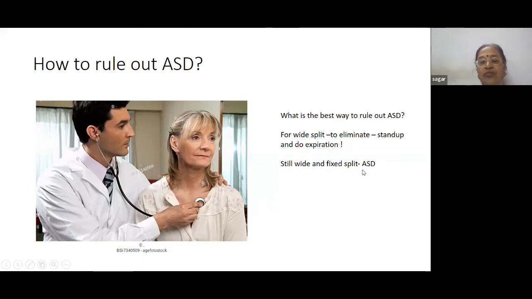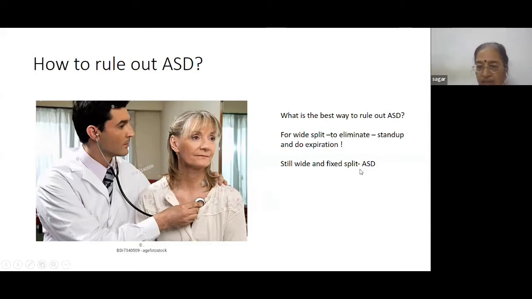Okay. So if you have a doubt about any patient whom you think has an ASD, because remember, you will get no other murmur in an ASD, ask the patient to stand up and hold the breath in expiration. If after doing this there is still a wide split and still a fixed split, now that is an ASD. So you are giving the maximum disadvantage to the ASD by making the patient stand and do expiration.